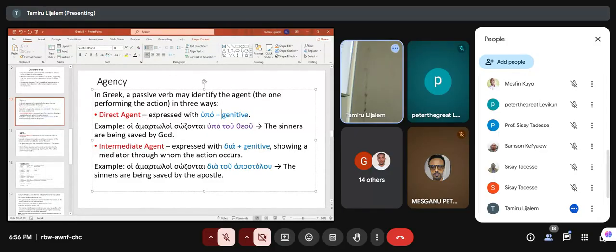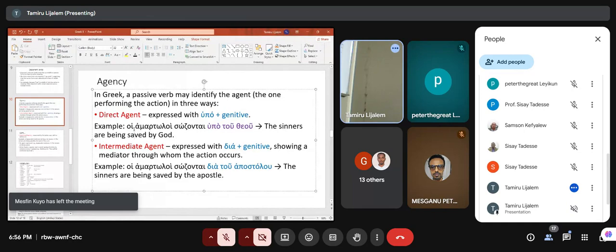For example, this one is translated as he, not e. Hai hamartoloi sozontai hupo tou theou. Don't forget this one. Sozontai, we have already discussed.